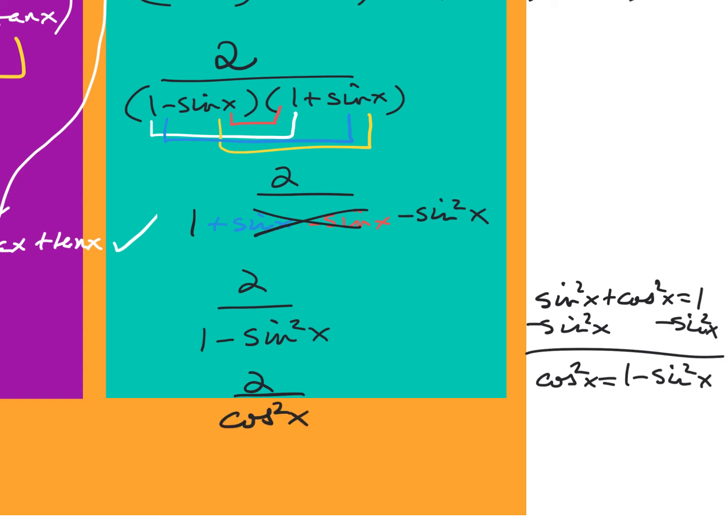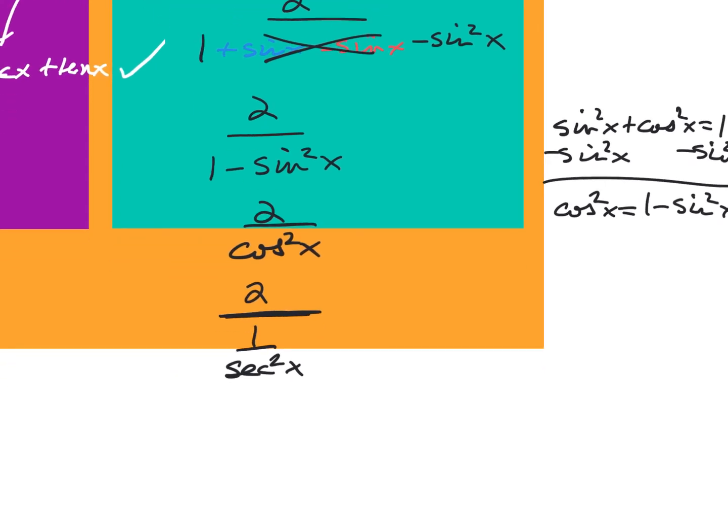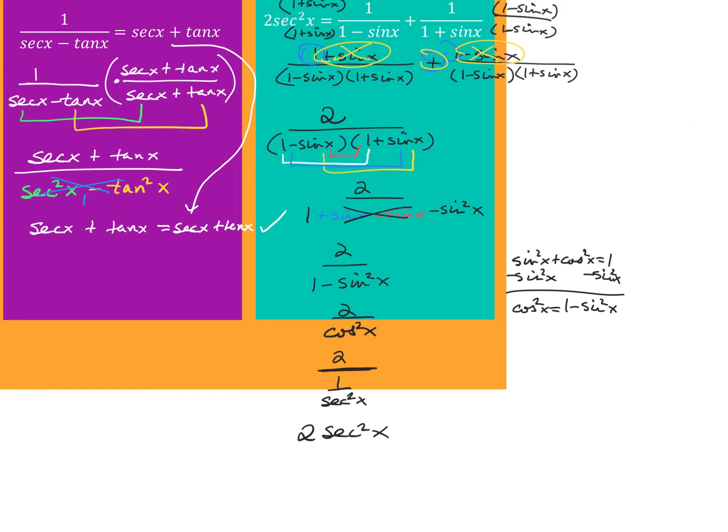And I know the reciprocal to cosine is going to be secant. So now I can make this 2 over 1 divided by secant squared x. Divide this, keep, flip, change it, and it becomes 2 secant squared x, which is what I had originally.